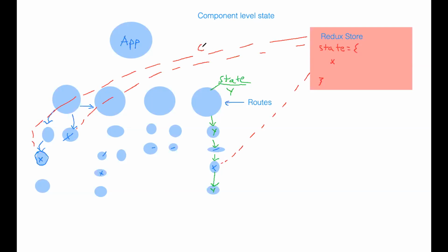We're going to call this connecting. We're going to connect any component anywhere that needs global data to the Redux store. And we're going to handle any state changes through Redux.